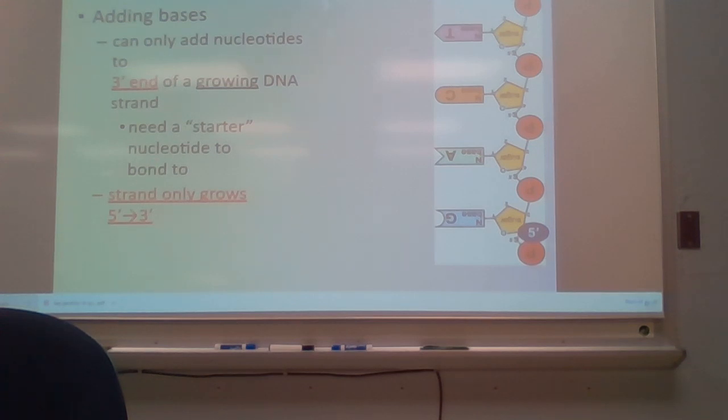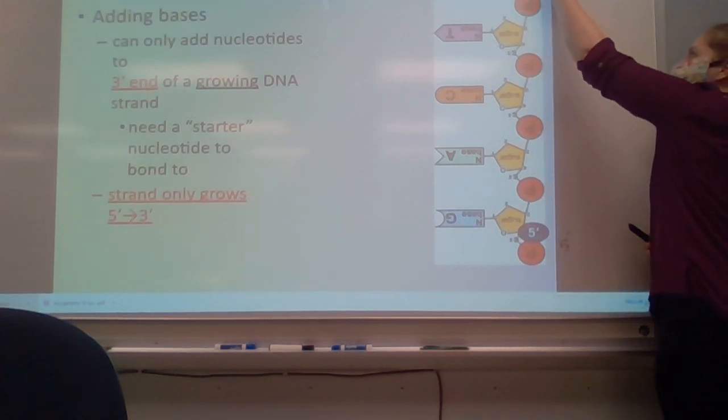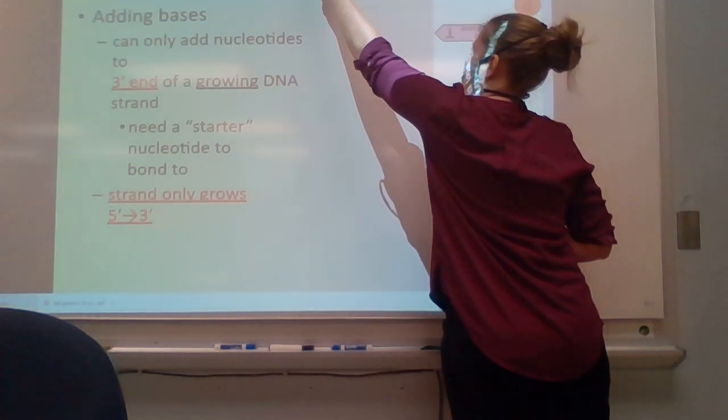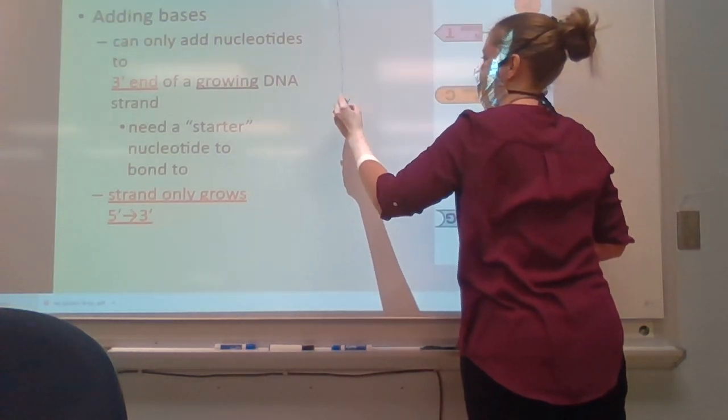And so this is red underlined here. Our strand is only going to grow from the 5' to 3' direction. So here's my original DNA molecule, 5' to 3'. This is building from the 5' to 3' direction.